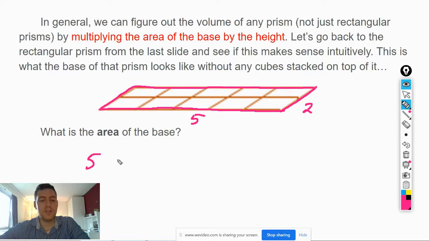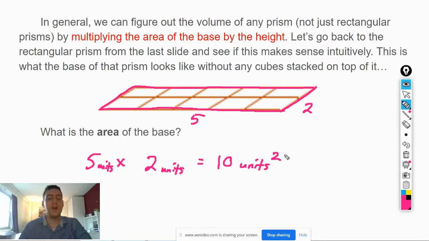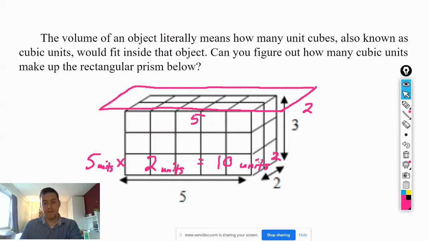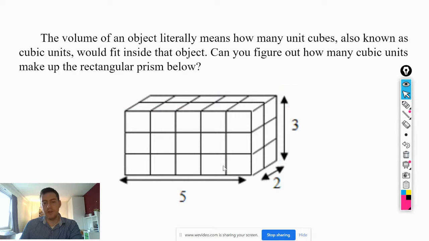Okay, so 5 units times 2 units is 10 square units, or we can write it like this, units squared, which literally means that 10 little squares could fit inside of here, and we can see that from the picture. 1, 2, 3, 4, 5, 6, 7, 8, 9, 10. So the area of the base is 10 square units in this example, the base of this object right over here.